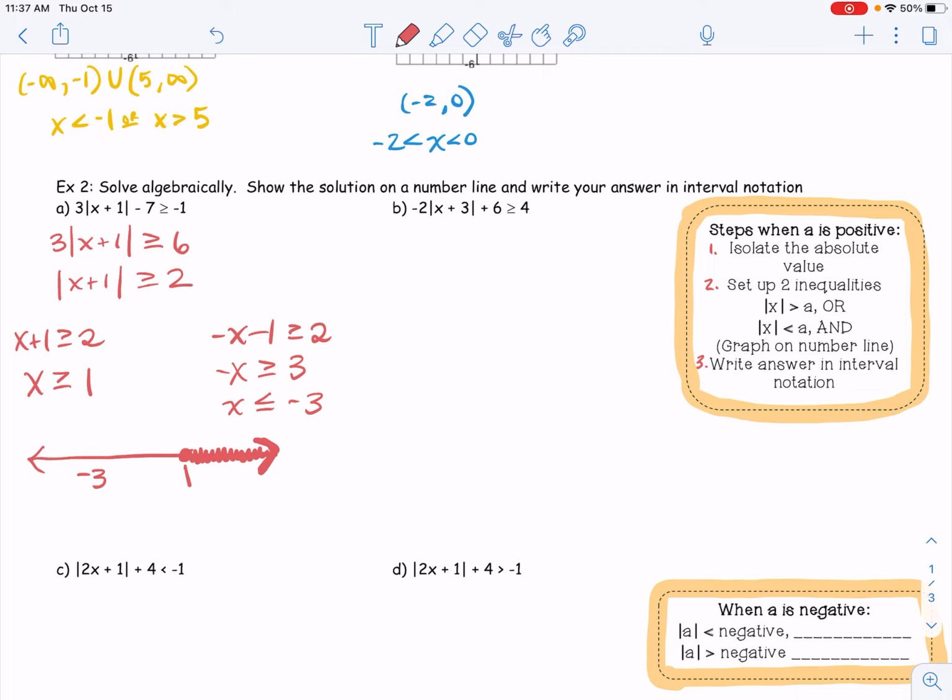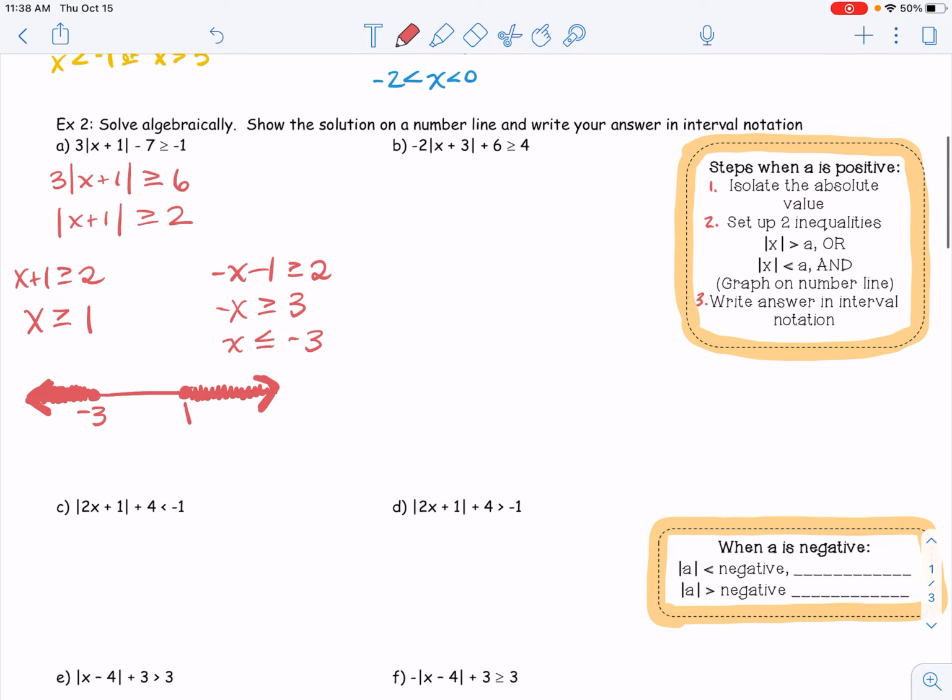Solid dot at 1, shaded everything to the right. For x is less than or equal to negative 3, at negative 3 I also have a solid dot, but I want all the x's less than that, so that's shading to the left. And so I have these two areas where this statement would be true.